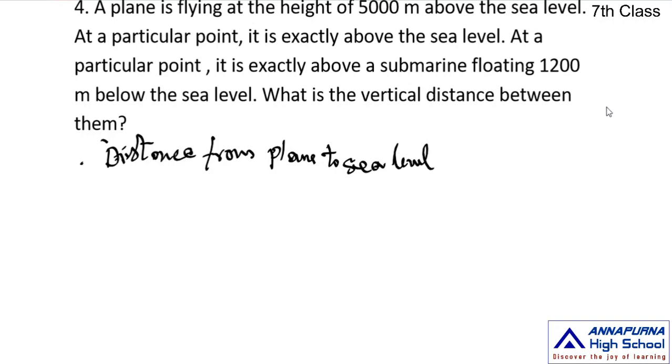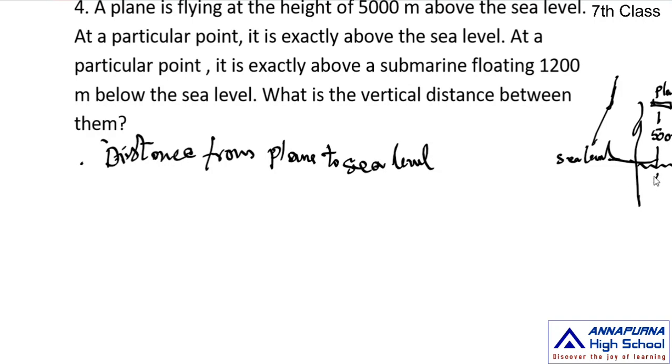Here, if you observe the diagram, this is sea level. Suppose this is the plane, what is the vertical distance from plane to sea level? It is 500 meters.